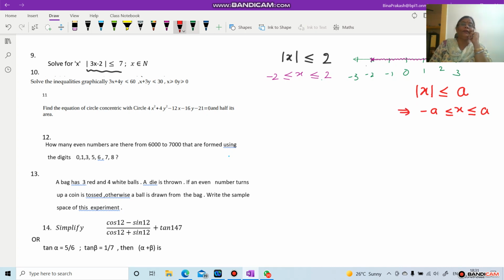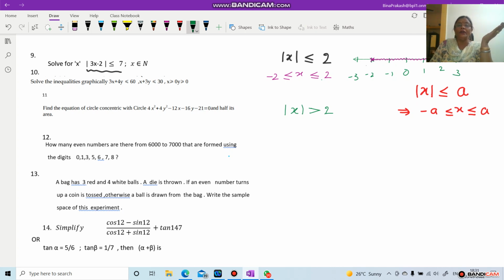On the other hand, let me take up that also so that you are clear with this concept of modulus. Modulus of x greater than, now instead of equal to, I am using only greater than. Modulus of x should be greater than 2. So what values will be greater than 2? Isn't it the values lying on the outside, that is, the right side of 2? Any value on the right side of 2 has a positive modulus, so it will be greater than 2.